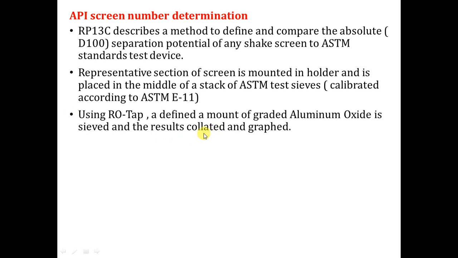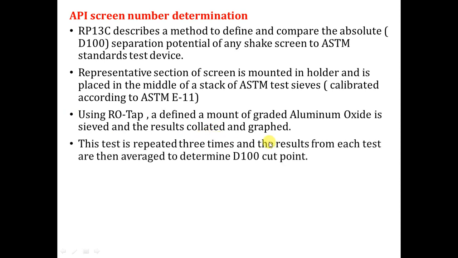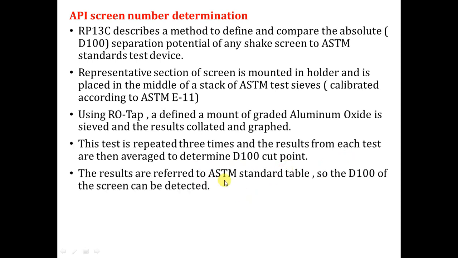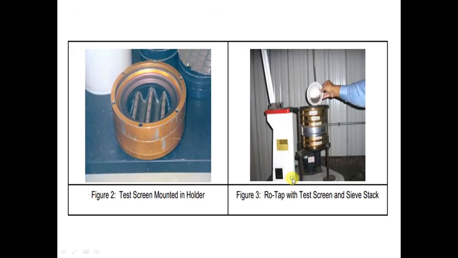The result is collected and graphed, and it can be repeated 3 times, and the average is taken to determine the D100 cut point. Then we compare it to the ASTM standard table.